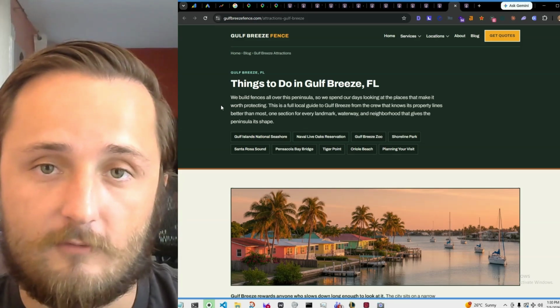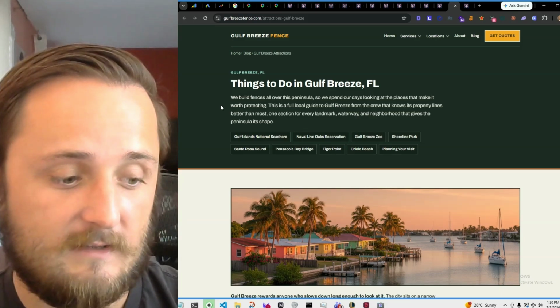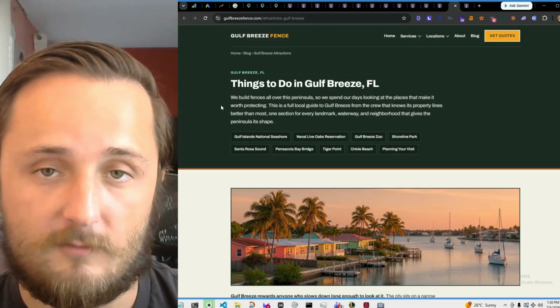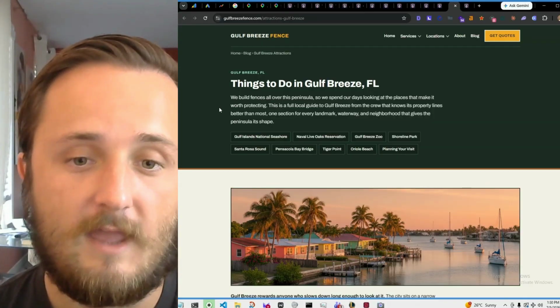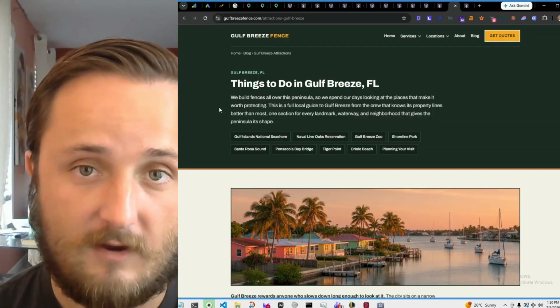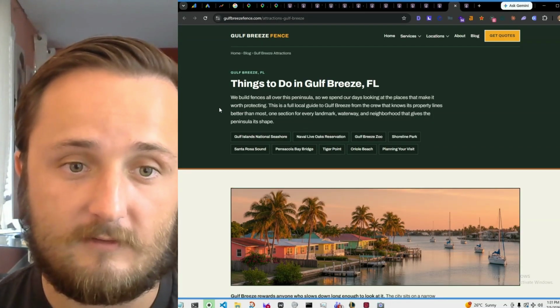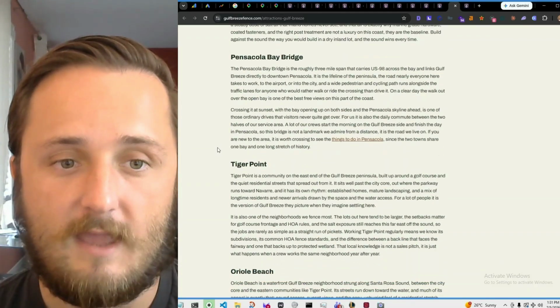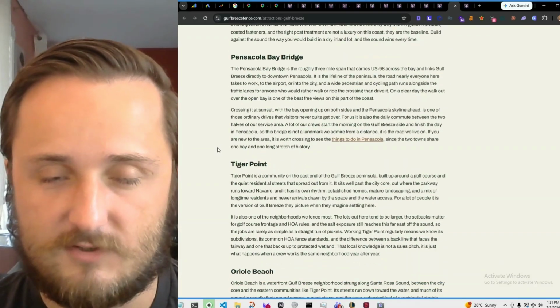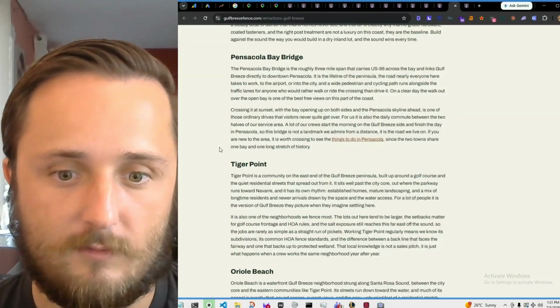Because I have all this relevance from Gulf Breeze linking to this fence company in Gulf Breeze page, this is going to help us signal to Google, hey, this area we serve is in Gulf Breeze. So this whole blog's purpose is just to tell Google the geo-relevance of the areas that we serve.